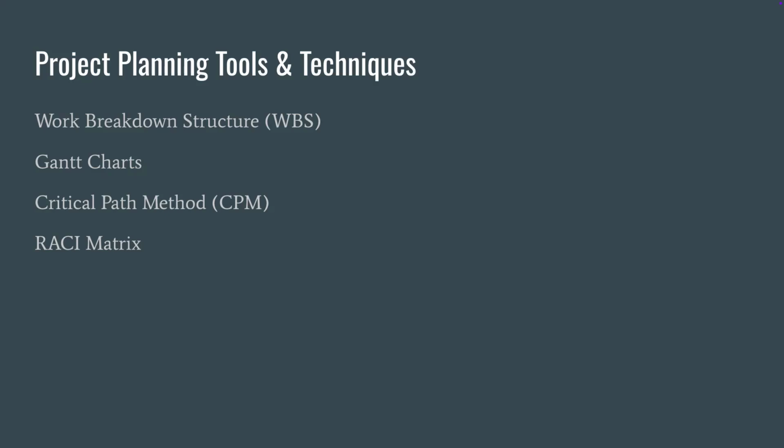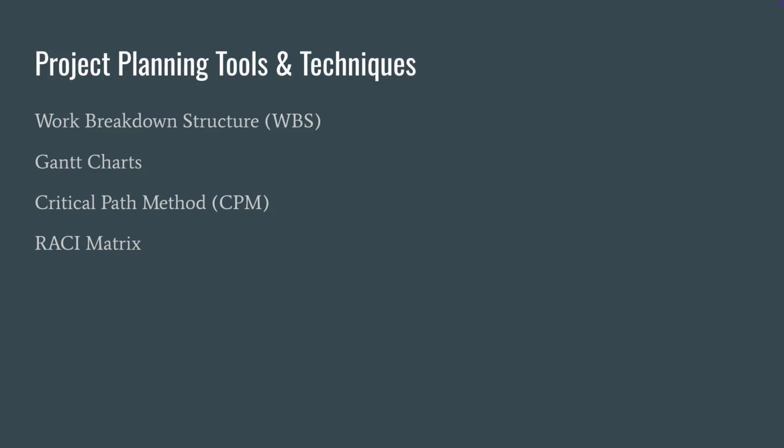Critical path method, or CPM, the critical path method identifies the sequence of tasks that directly determines the project's completion date. So any delay in a critical task will result in a delay of the overall project. Knowing the critical path helps project managers focus on the tasks that are most essential to keep on schedule.